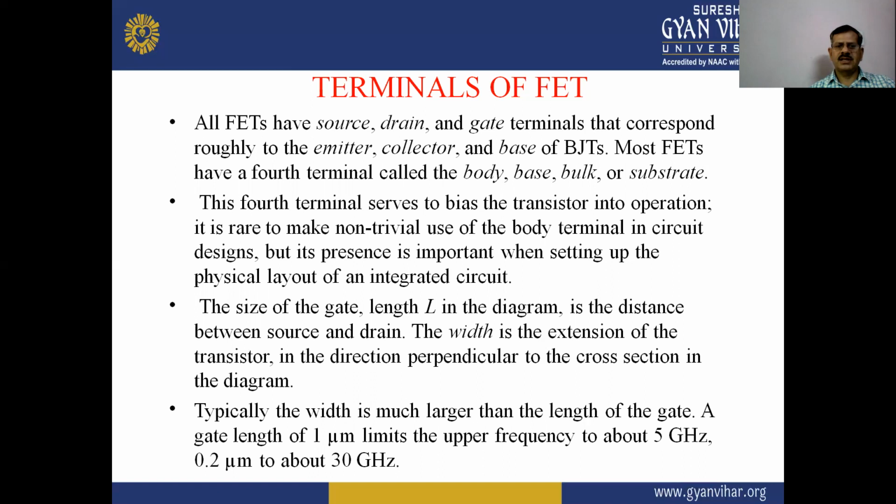Typically, the width is much larger than the length of the gate. A gate length of 1 micrometer limits the upper frequency to about 5 gigahertz, and 0.2 micrometer to about 30 gigahertz. So that is a very high frequency.